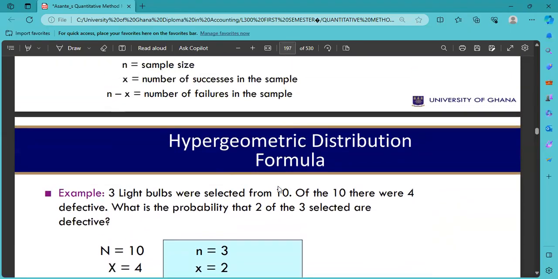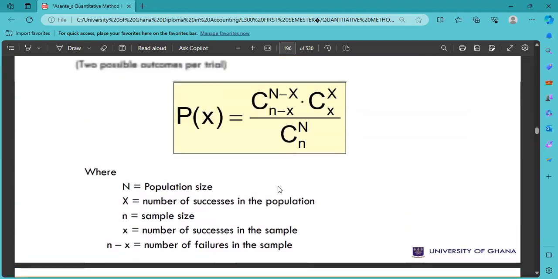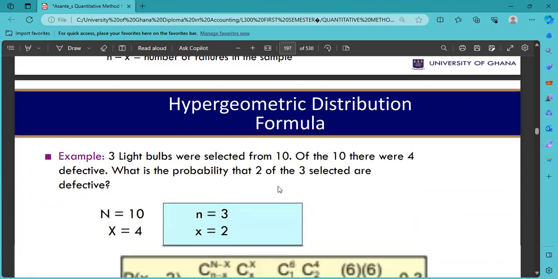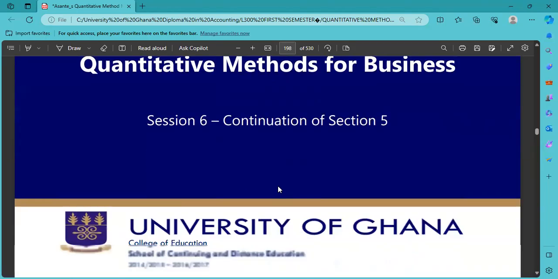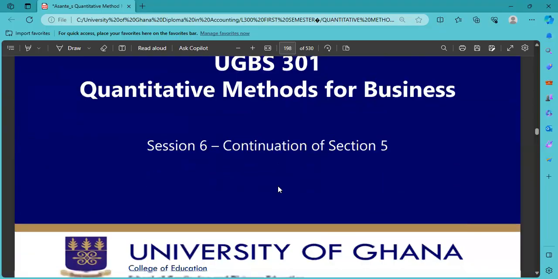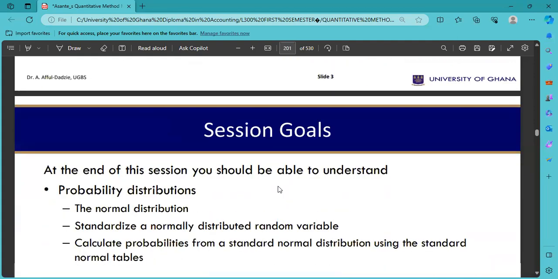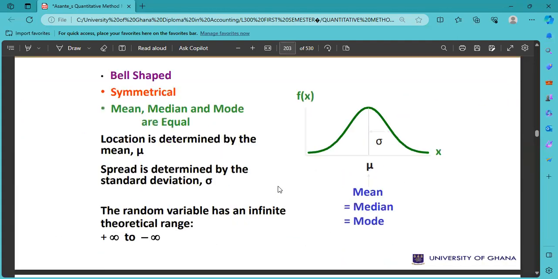So this has brought us to the end of the probability distributions. In the next session, we'll talk about the normal distribution.